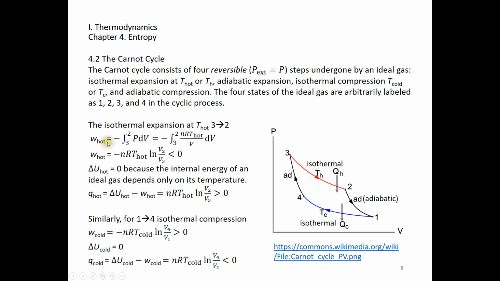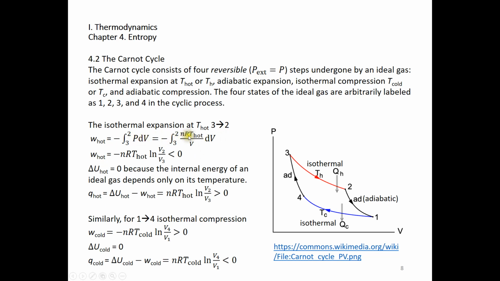Work hot is equal to negative integral P external dV. The reason I put P here is because all 4 steps are reversible steps. Therefore, P external is equal to P. And we integrate this from the initial state 3 to the final state 2 in this isothermal expansion.